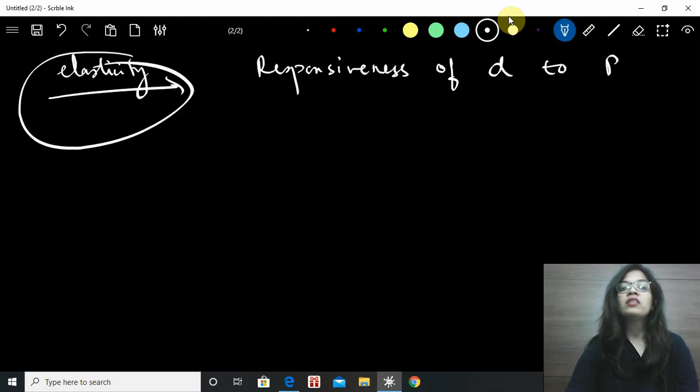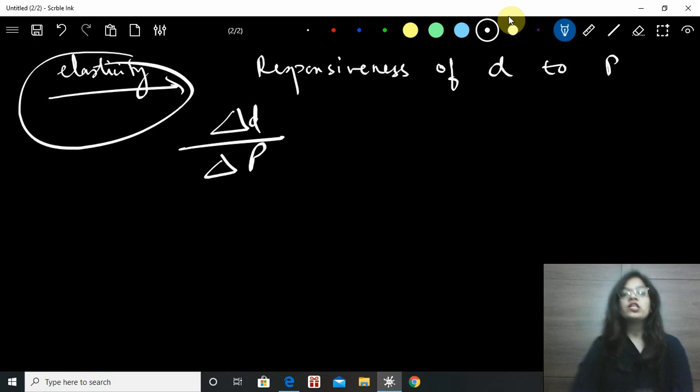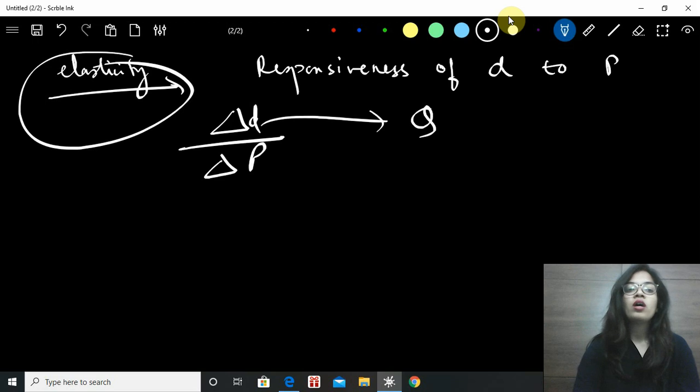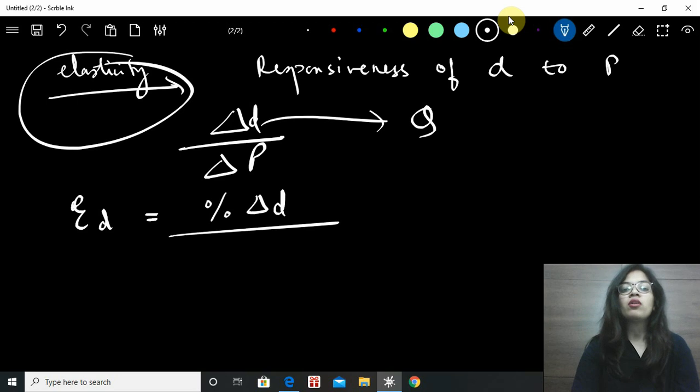But how? It is responsiveness of change in demand to change in price. Now when we do delta D by delta P, you can again substitute D for quantity. Now if I have to write elasticity of demand, the formula for that will be percentage change in demand upon percentage change in price.